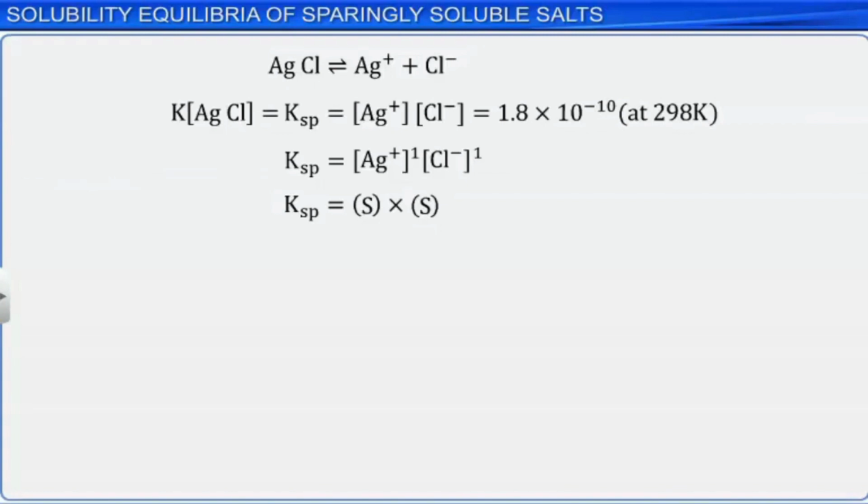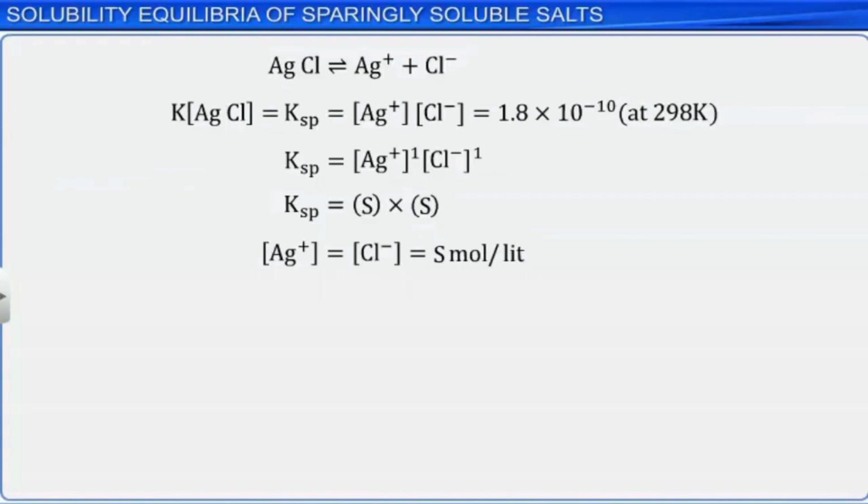If we define S mole per liter as the molar solubility of silver chloride, then S moles of this salt dissolve in 1 liter of solution. In a saturated solution of pure silver chloride, the concentration of silver ions is equal to the concentration of chloride ions, which is equal to S mole per liter.